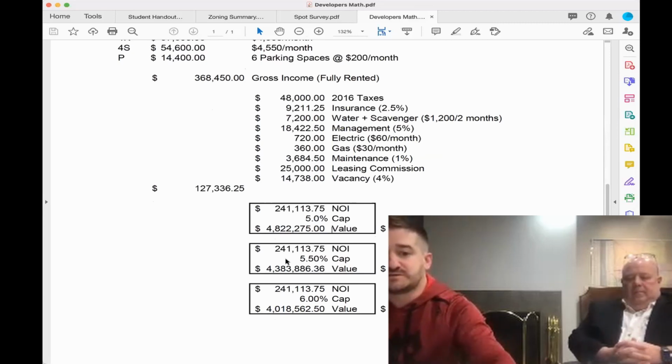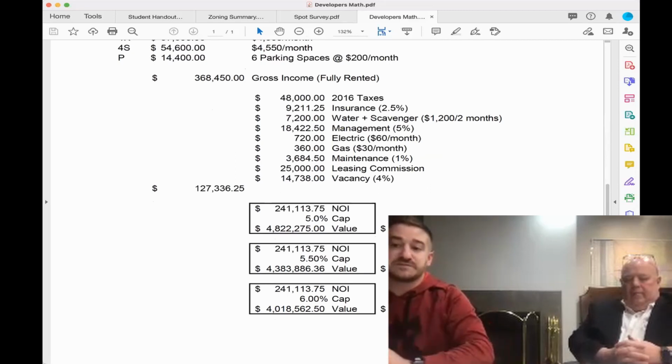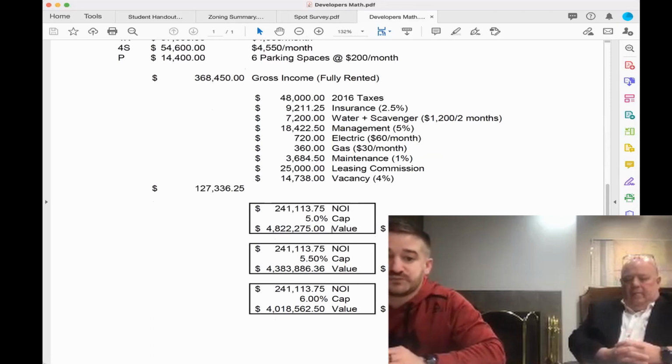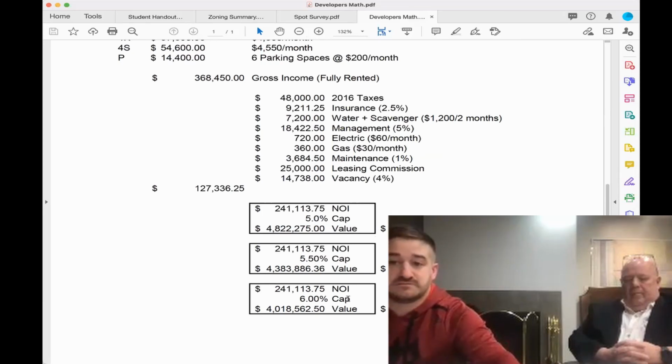Now, if an investor only wants to pay a 5.5 cap, so that 0.5% change in the cap rate took away almost half of his profit. So now he's only getting an 18.5% profit. And if he sold it for a 6 cap, now remember, he developed it to a 6.5.